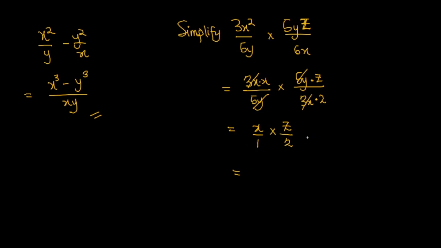So if I proceed and I multiply everything here, I am going to get xz on 2 as my answer after simplifying this expression.